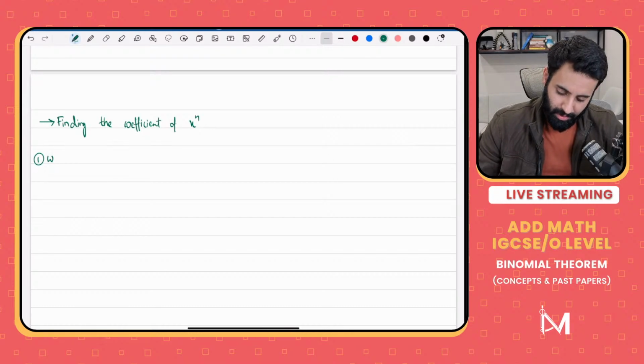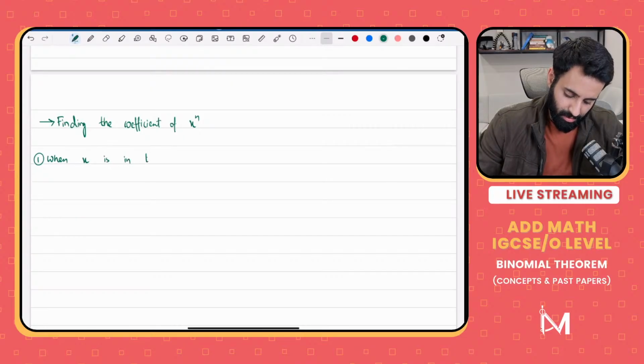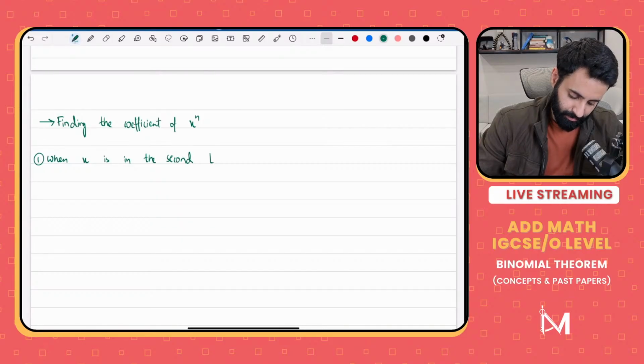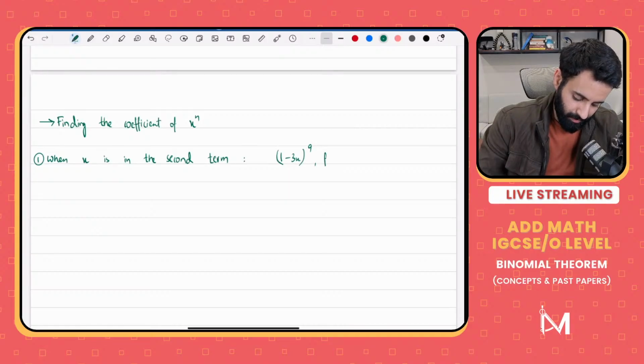First possibility is when x is in the second term. This is the most common. Like for example, you have 1 minus 3x to the power of 9, and the question says find the coefficient of x cube.